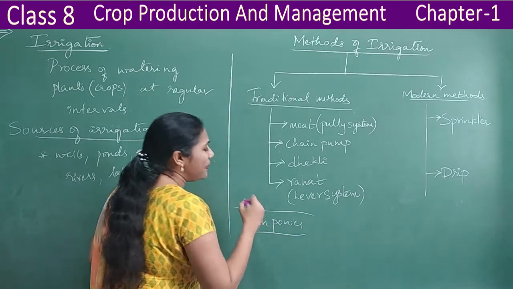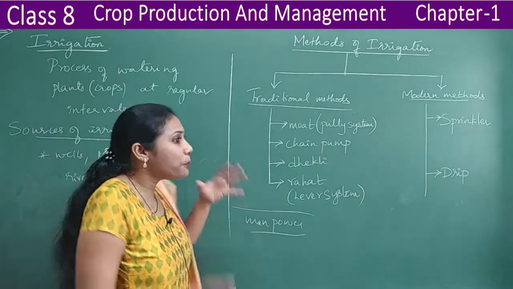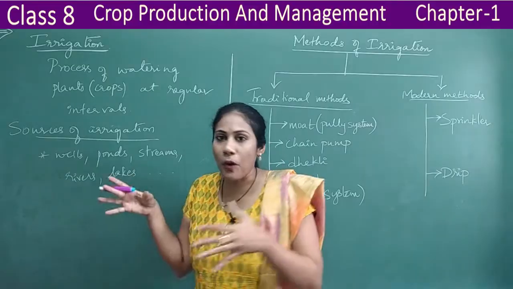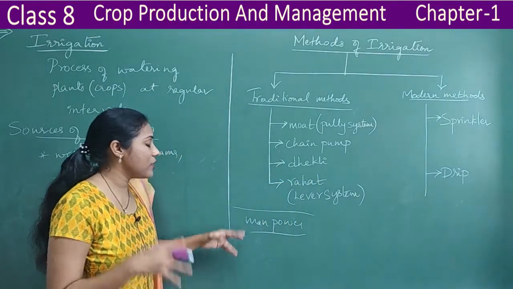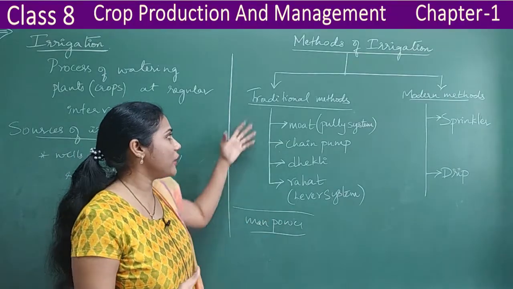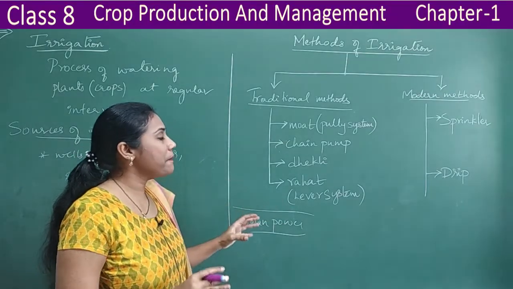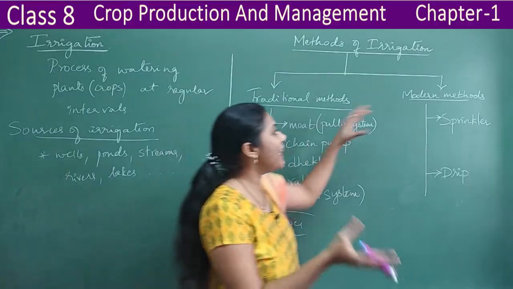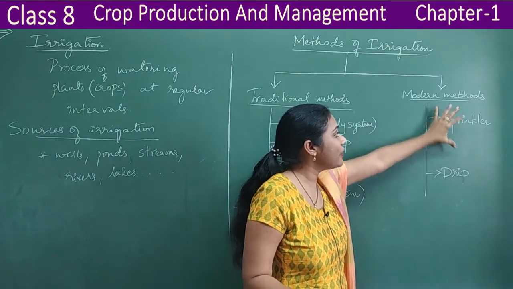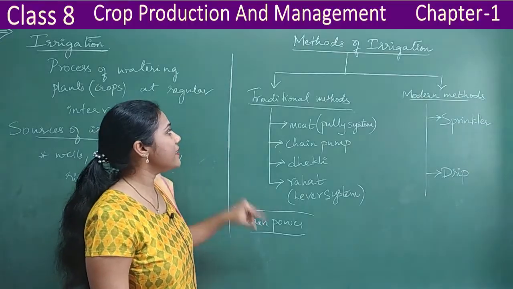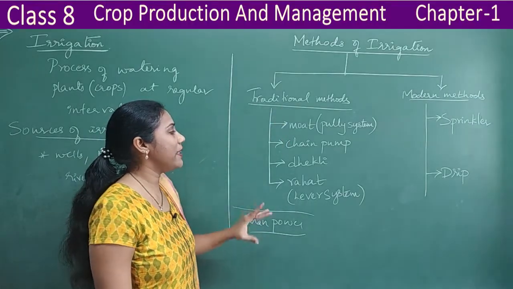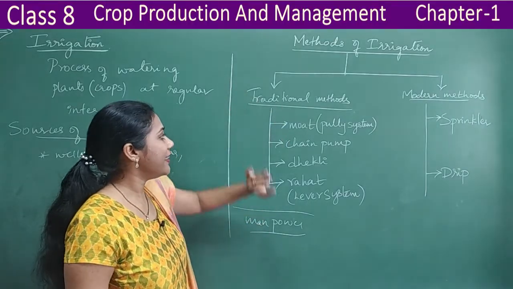Many people are required to bring water from the well or pond to the fields, and lots of energy and time are invested. To overcome this, we got modern methods, of which two important ones we are going to study. First, let me list out the traditional methods we have for irrigation.